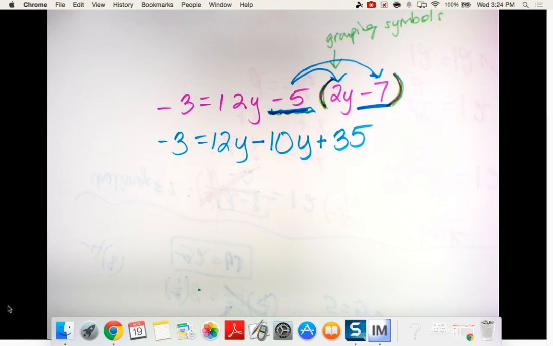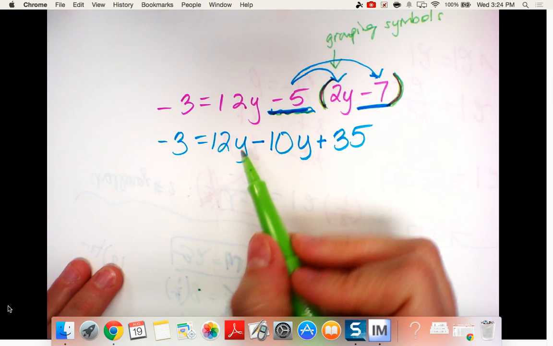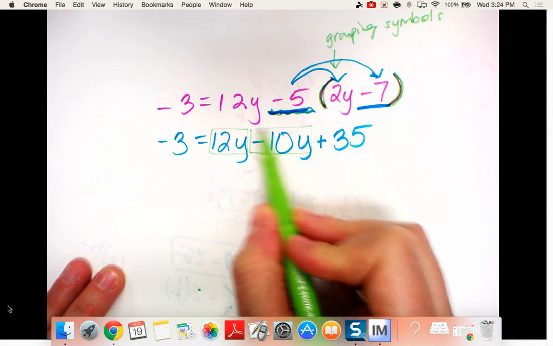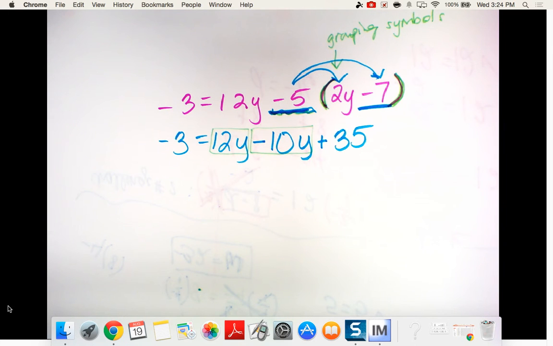So now I see I have like terms on the right. We have a 12y and a negative 10y. A like term is a number or variable that has the exact same variable and the same exponent.